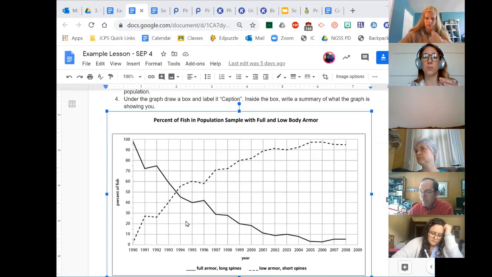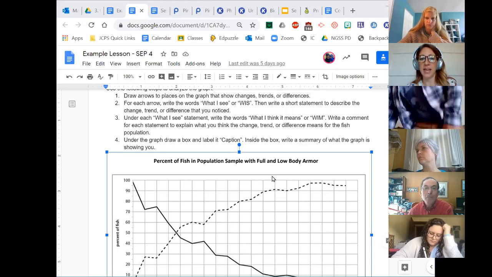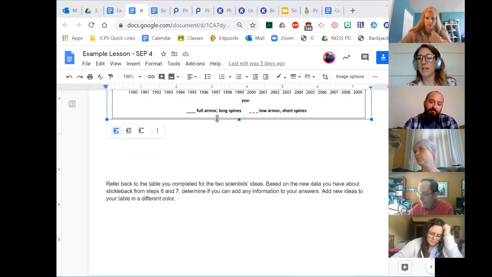So this WIS-WIM caption was helpful in supporting students in making sense of this data, what it actually means, and understanding the science behind it. Once they were able to do that, they could take those science ideas and apply them to the storyline, which is the follow-up down here at the bottom.